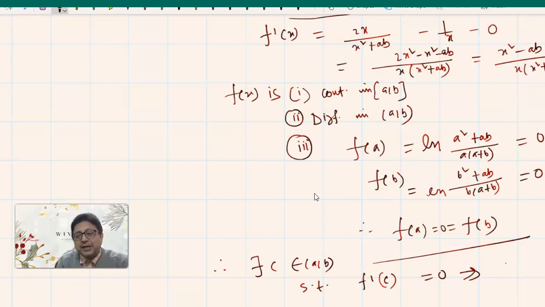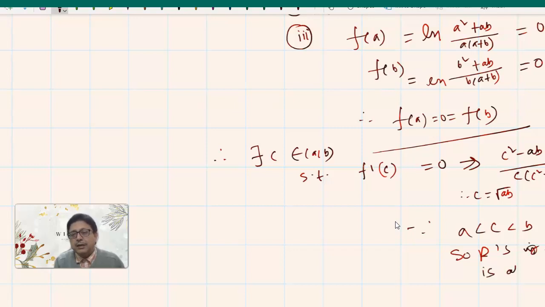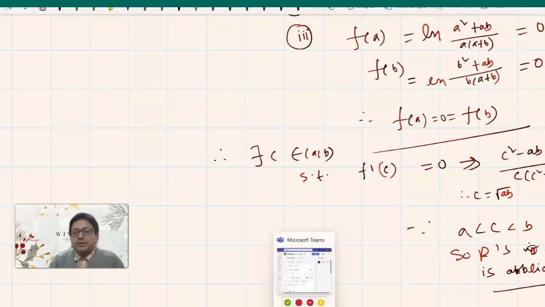So you put c over there: c square minus ab equals 0, so c equals under root ab. Now root ab is the geometric mean between a and b. Since c is greater than a and less than b, Rolle's theorem is applicable. We can apply Rolle's theorem for this one also because root ab is the geometric mean and it lies over there.